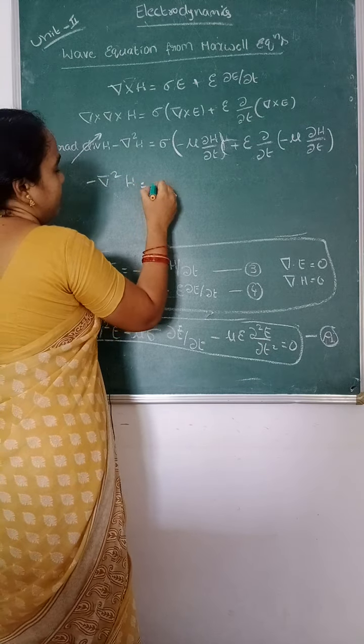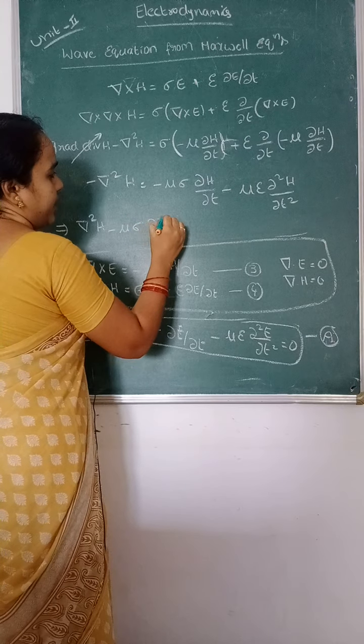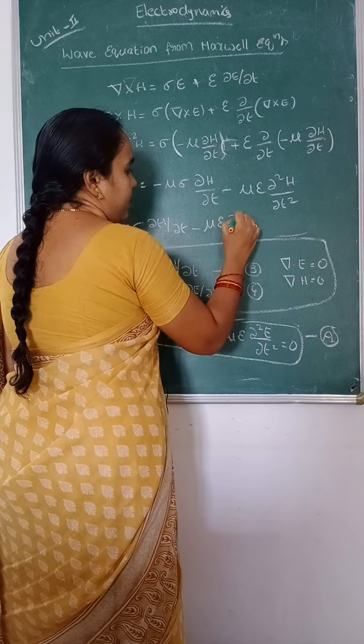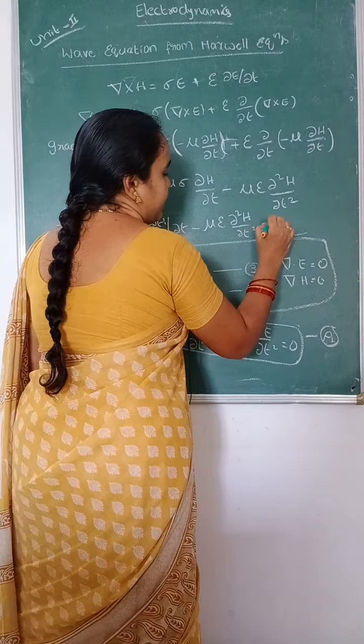Hence the final equation is del square H minus mu sigma dou H by dou T minus mu epsilon dou square H by dou T square is equal to 0.